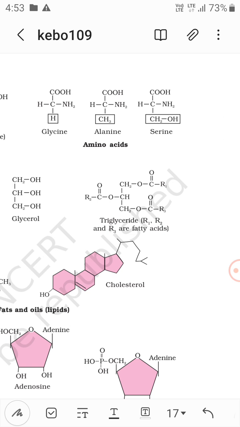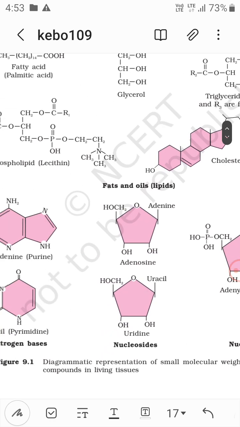So this is it. You can see there is a removal of OH and H, that is H2O, in the triglyceride. So this is how the structure is formed. It is a kind of esterification. So R1, R2 and R3, these are the three fatty acids in triglyceride.